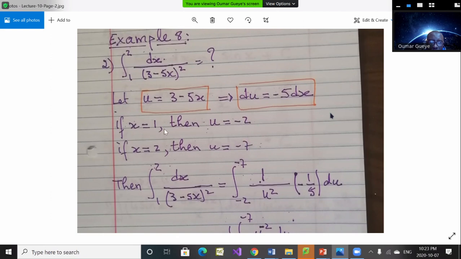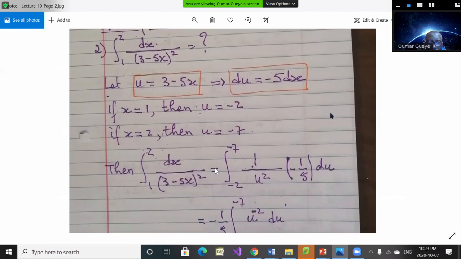You substitute x by 1 and you get 3 minus 5, which is -2. For the second endpoint, you substitute x by 2, which gives 2 times 5, which is 10. It's 3 minus 10, and we get -7.